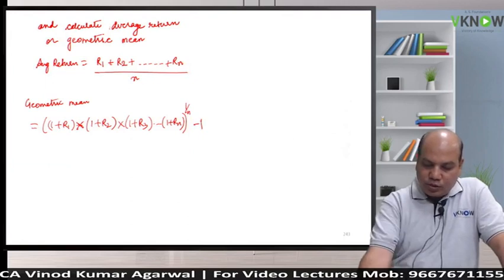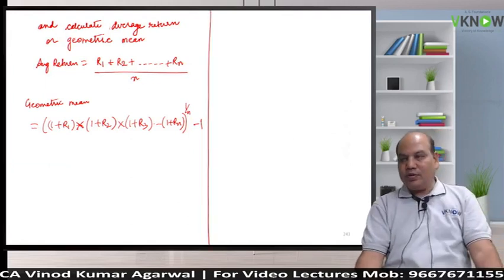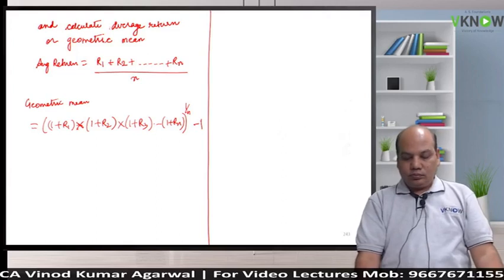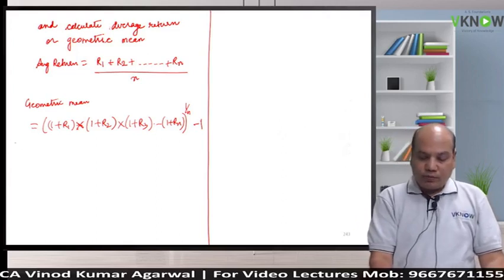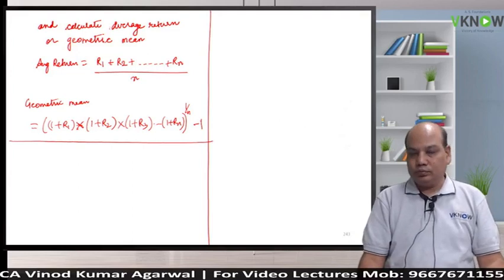This is how we compute the geometric mean. Is it right? Yes, sir. So these are the formulae for realized yield approach.